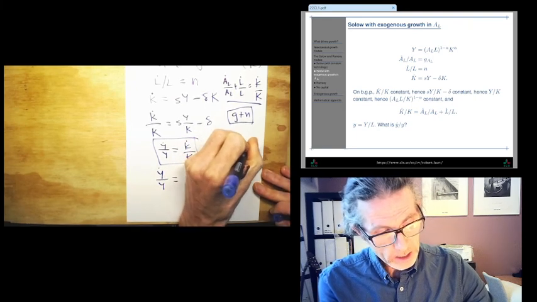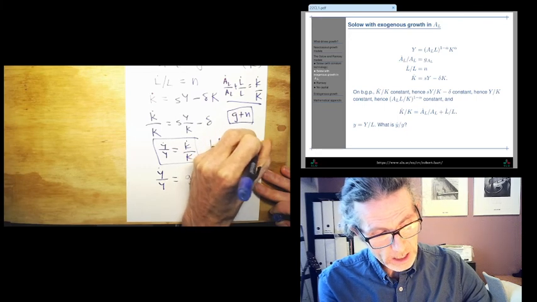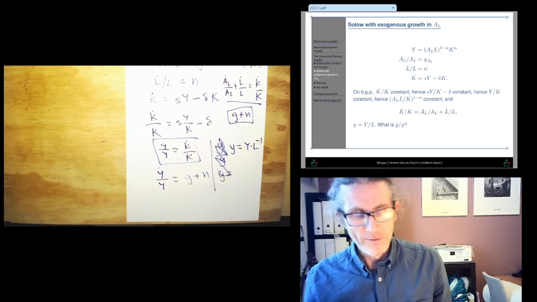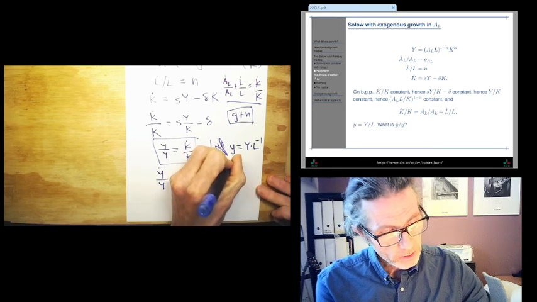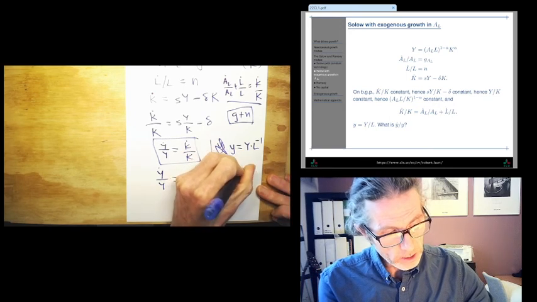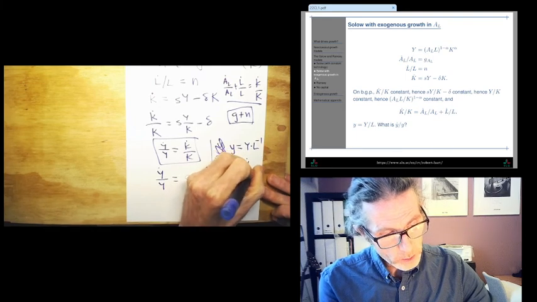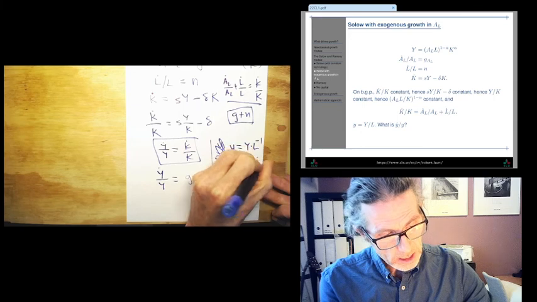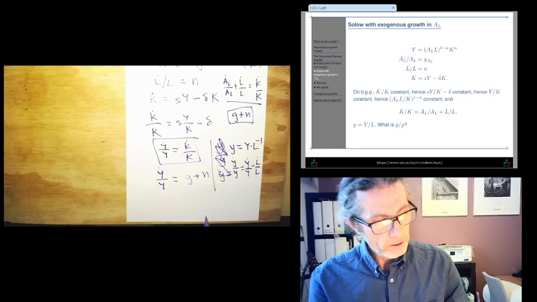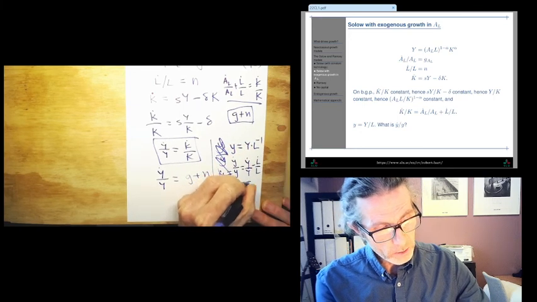Little y is y times L to the minus 1, that's the same thing as y over L, right? So then little y dot over little y is big Y dot over big Y minus L dot over L, which is G.